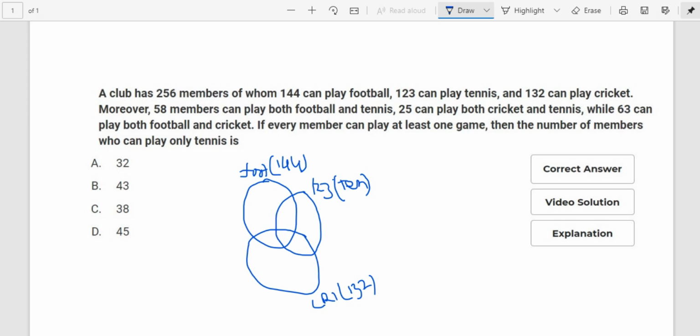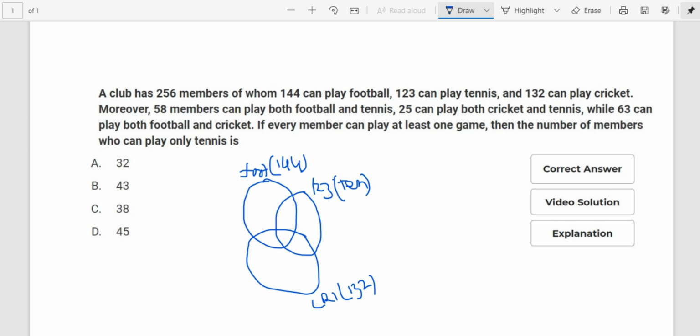Moreover, 58 members can play both football and tennis, 25 can play both cricket and tennis, while 63 can play both. So we have to find this one value, the common value of football, tennis and cricket, those members who are playing all of them.